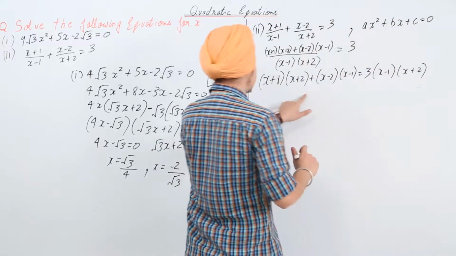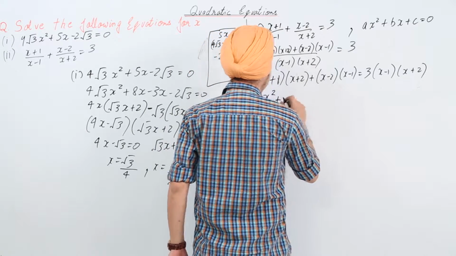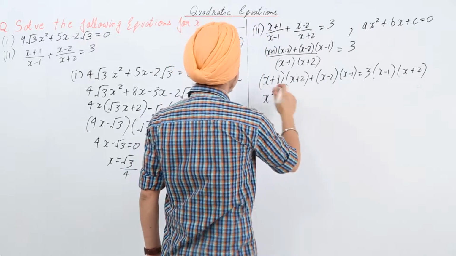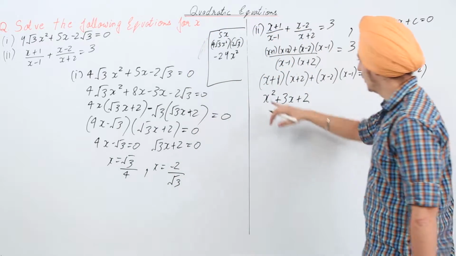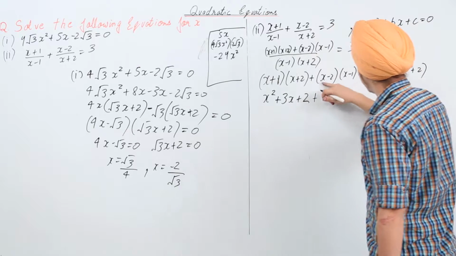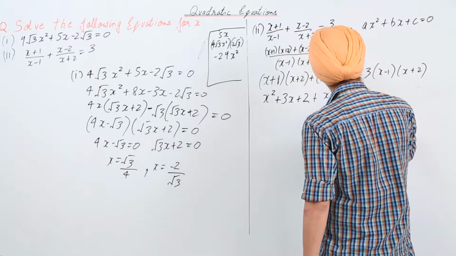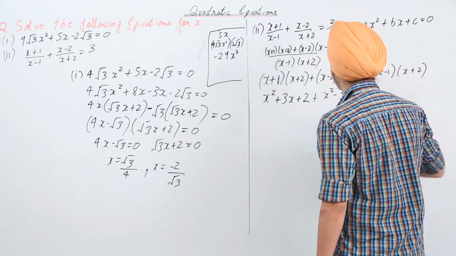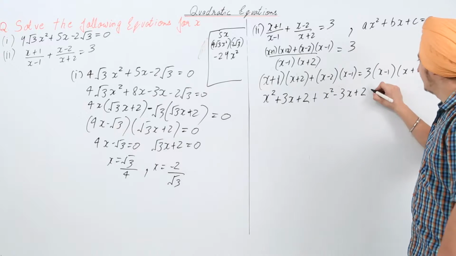Now these two terms will come out to be equal to x square plus 3x plus 2. Okay, this term will come out to be equal to x square minus 3x plus 2. These are very simple calculations, you can do these yourself.